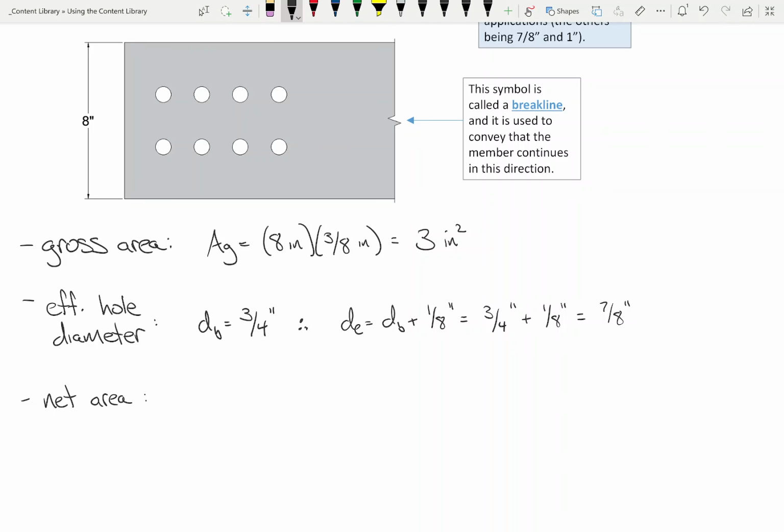We know that the net area equals the gross area minus the area lost due to the presence of bolts, right? So if I wanted to write a formula, I could say that the net area equals the gross area minus something, right?